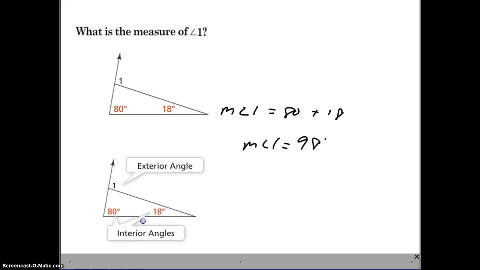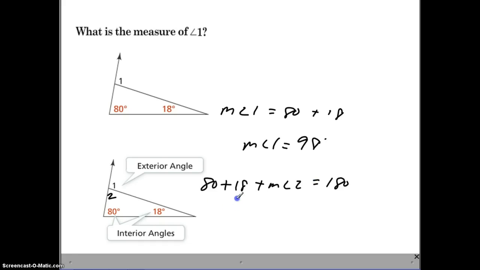Okay? Now, if you forget how to do that, you got some other options. You can remember that your interior angles have to add up to 180, right? So I'm going to call this angle 2. So I can go that 80 plus 18 plus the measure of angle 2 equals 180.